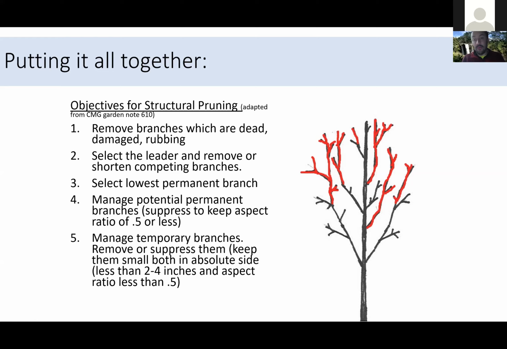We're going to remove or shorten competing branches. We'll pick the lowest permanent branch, and then we'll manage potential permanent branches to keep them small in aspect ratio, 0.5 or less, and we'll manage temporary branches to keep them relatively small in size, aspect ratio 0.5 or less, and a diameter of less than 4 inches, and remove them before they get to that size.